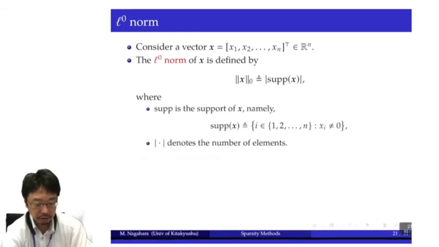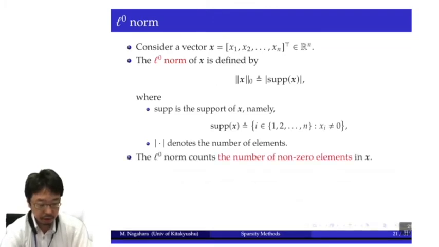And this denotes the number of elements, not an absolute value. In other words, the L0 norm counts the number of non-zero elements in x.